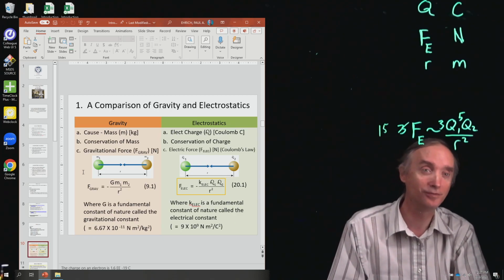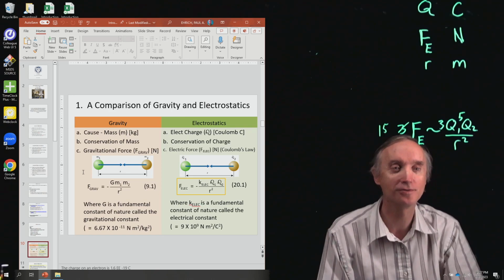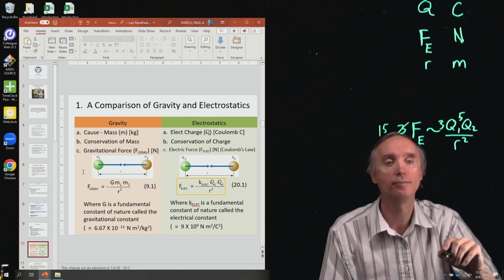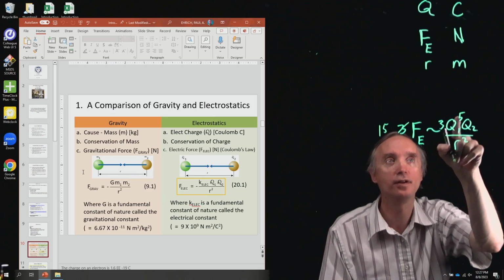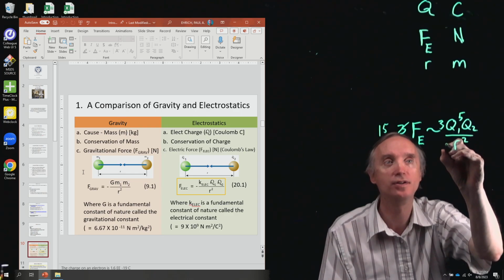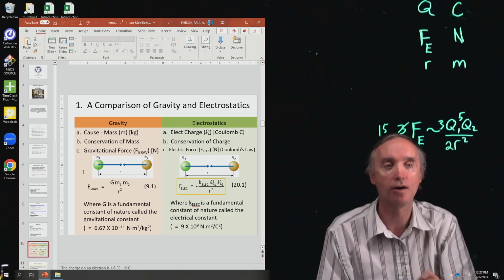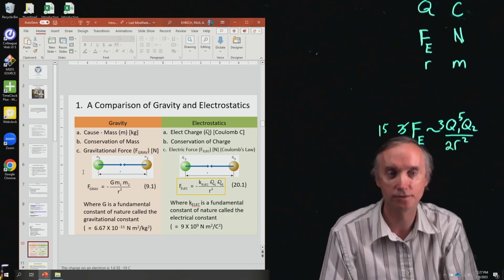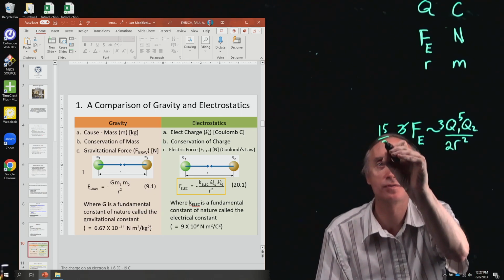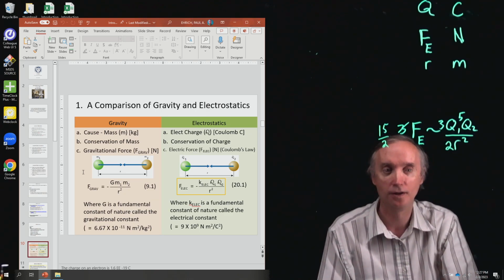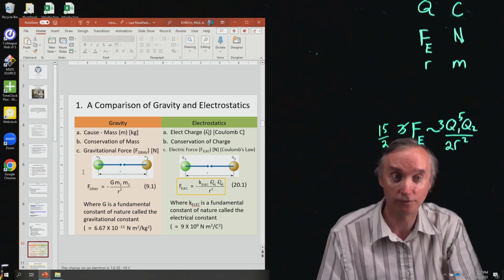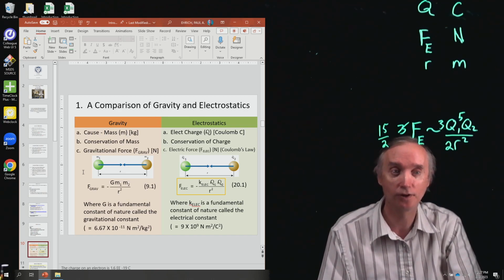Now let's make it even worse, I could say what would happen if I do this and I do this and I double my R. Then what happens? Well, you might be tempted to say that my answer is 15 divided by 2, which I'm going to give you partial credit for, but what did you forget to do?